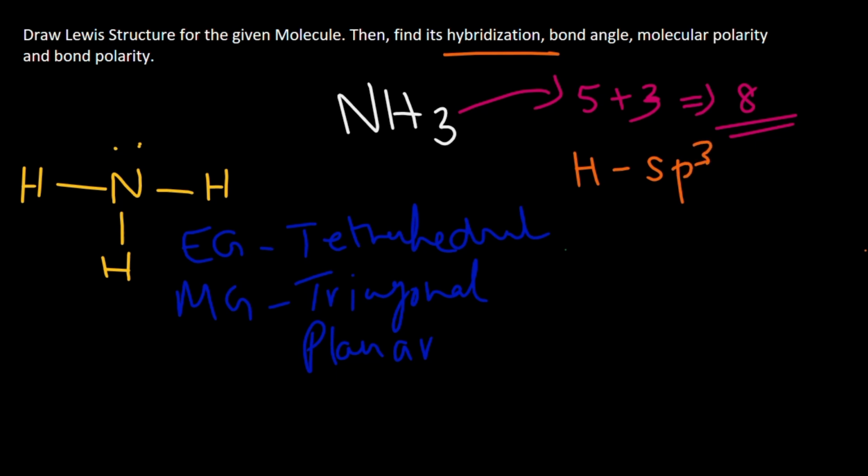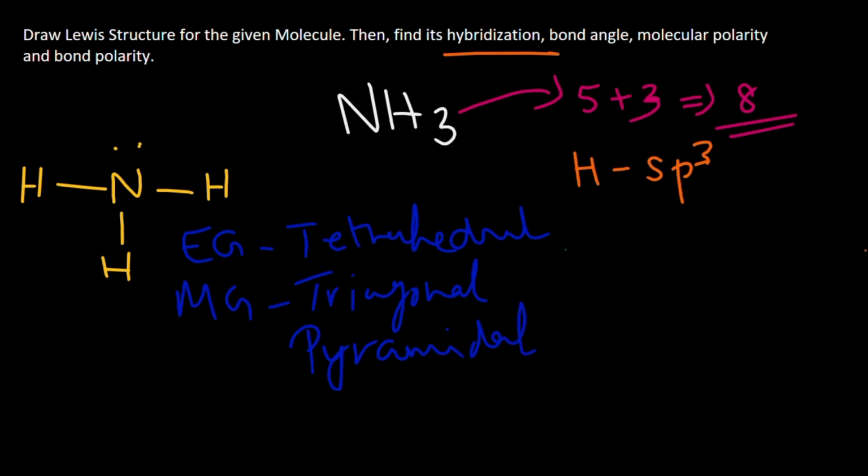So we found that, we are done, and then we have to find the bond angle. We know that it's tetrahedral, and we have a trigonal. Oh, sorry, I made a mistake. It's not trigonal planar. It's trigonal pyramidal. Okay, pyramidal.